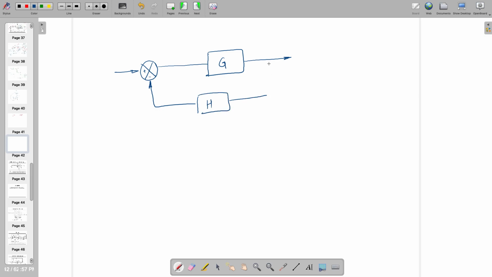This G is known as forward gain and H is known as feedback gain. So if this is out and this is in, can we write down out divided by in? Okay. G divided by 1 plus GH.